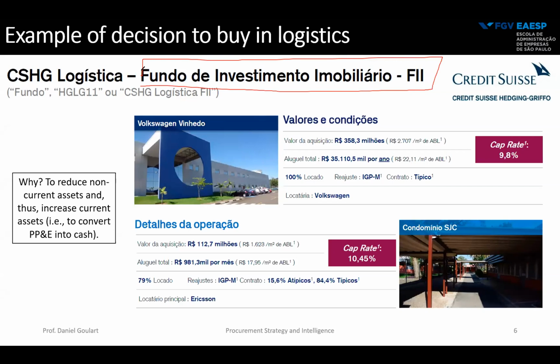What's the value proposal of the real estate funds to the firms, to the companies that do business, to the industries, etc.? The proposal is the following. Hey guys, stop having assets. You don't need to bury your money in assets.